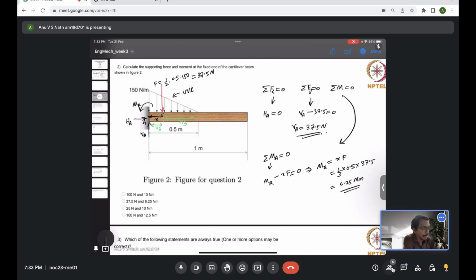So that's the reaction moment. So we have evaluated the reaction force to be 37.5 and the moment to be 6.25 Newton meter. The reaction force is the resultant of the horizontal and vertical force, just that we don't have any horizontal reaction, it will be just the vertical reaction, 37.5. So I hope that is clear. Any doubt in this section, in this question?